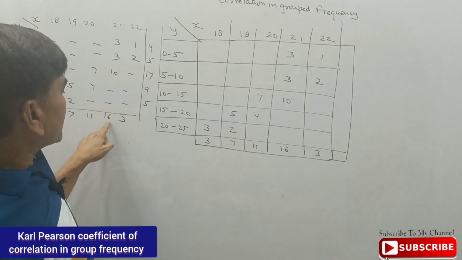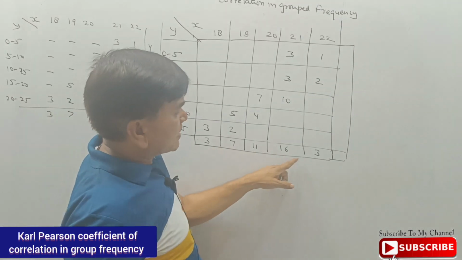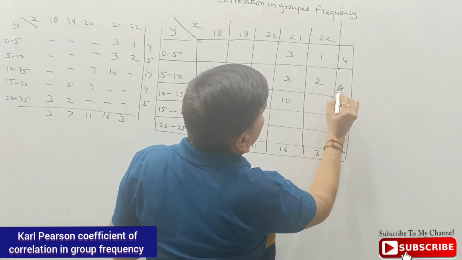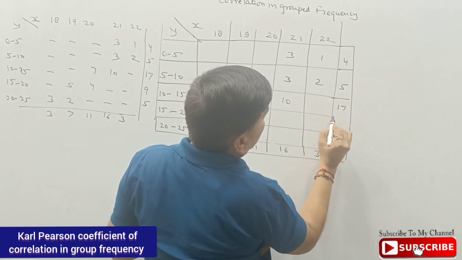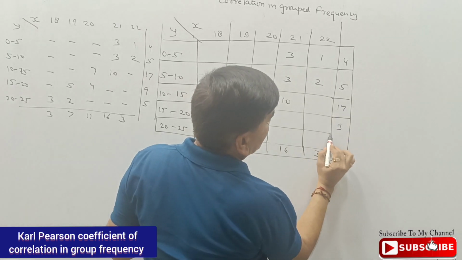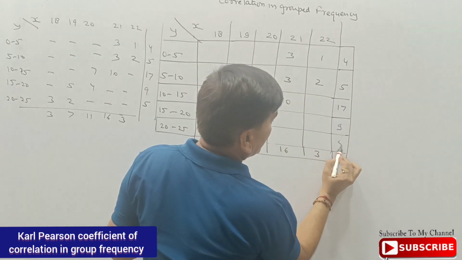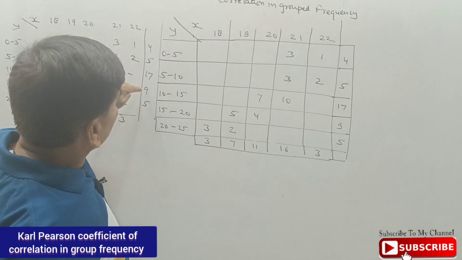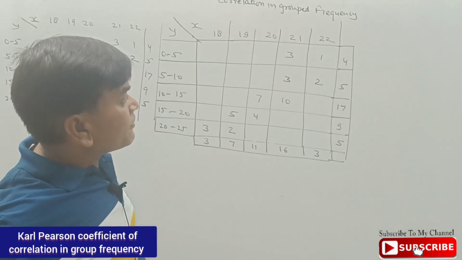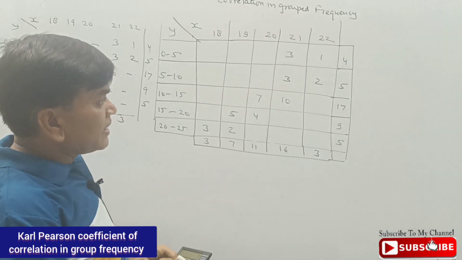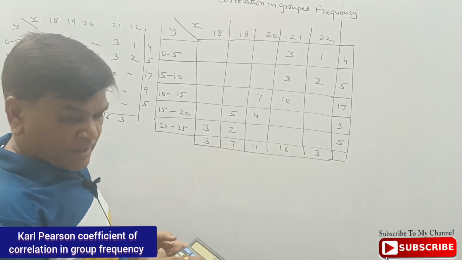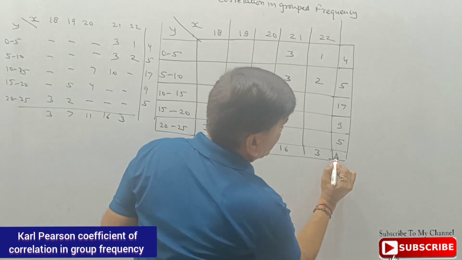Then here 4, 5, 17, 9 and 5. So the addition of 9 plus 17 plus 9 plus 5 is 40.